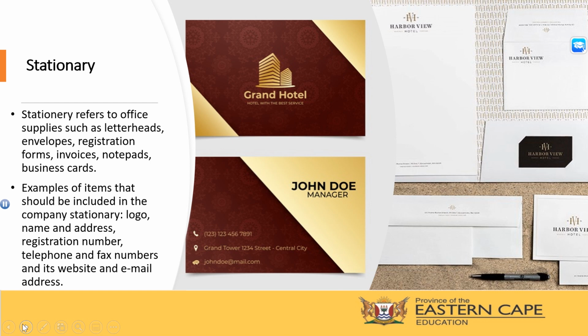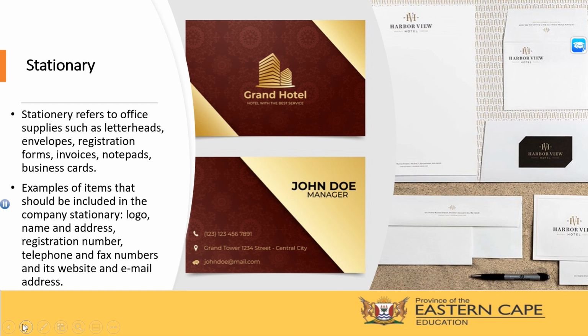If you take a look at each and every one of those examples of company stationery, you will see that that particular company's logo is there. On most of them, you will find the name, address, and registration number. Unfortunately, you can't put that on the front of an envelope, but that would be on something like a letterhead or a business card.